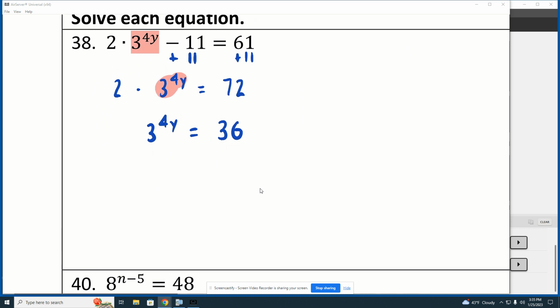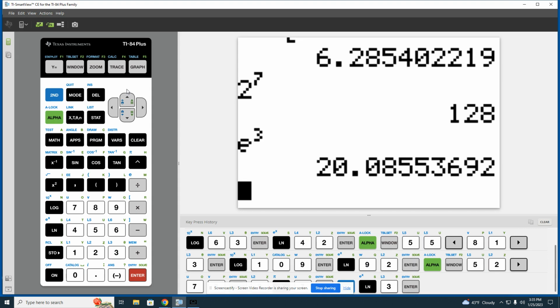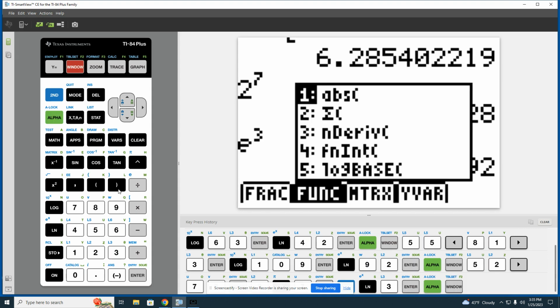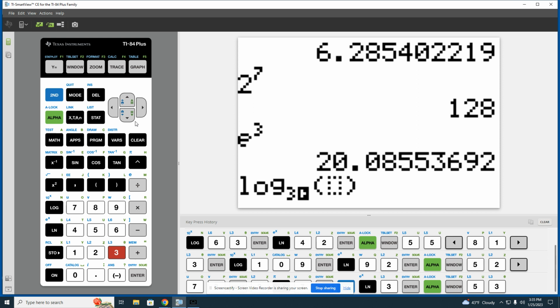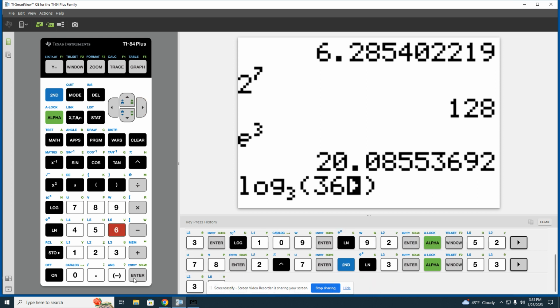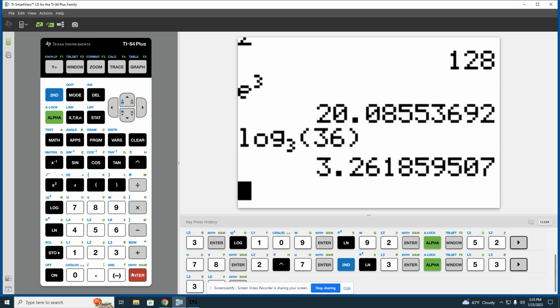And the base of my exponent, 3, becomes the base of my log. And then we do the loop. Log base 3 of 36 equals 4y. So let's go to our calculator. Alpha, window, number 5, log base 3 of 36 is approximately 3.26.